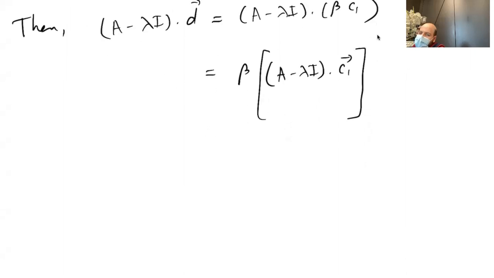Well, C1 is an eigenvector with eigenvalue lambda. So that means AC1 is same as lambda C1, or in other words, A minus lambda I times C1 must be 0. So this is same as beta times 0, which is 0.